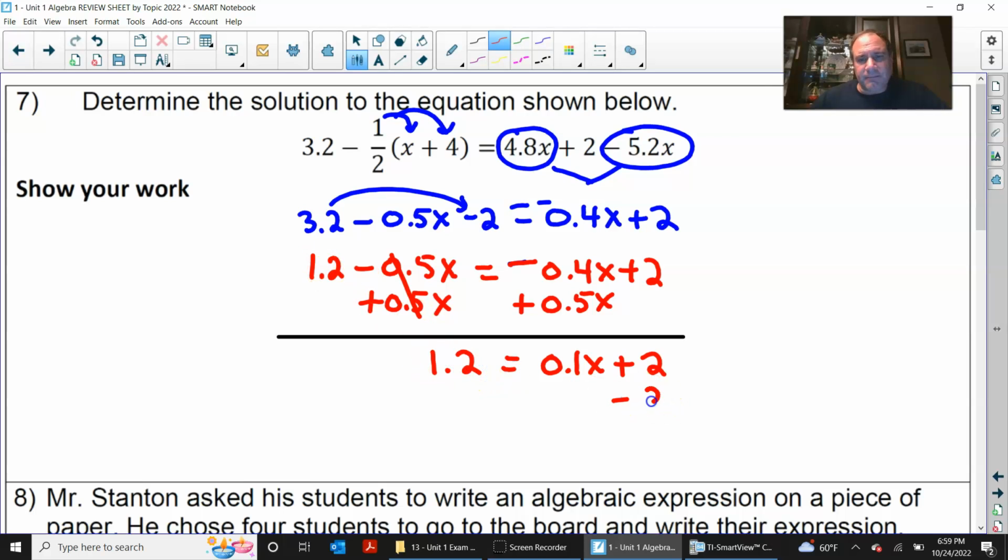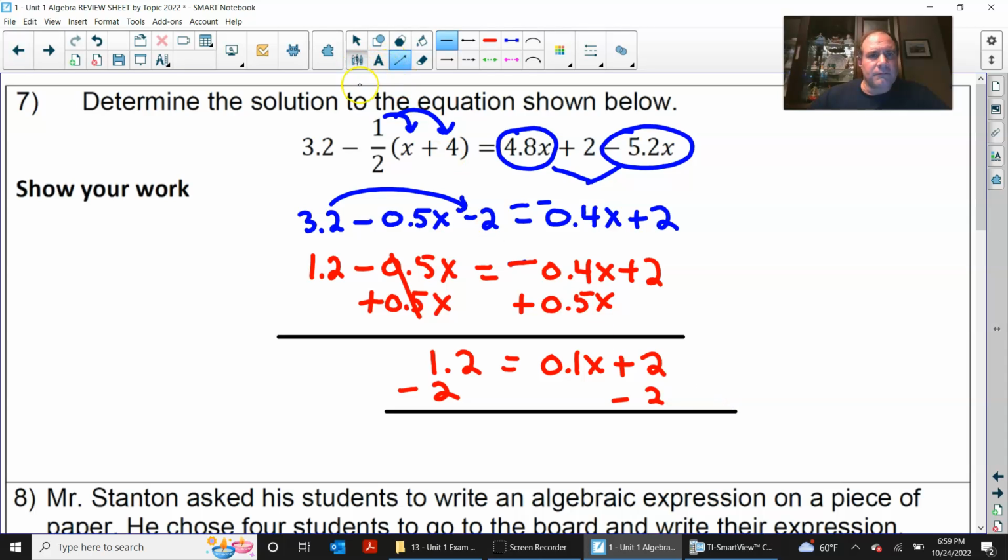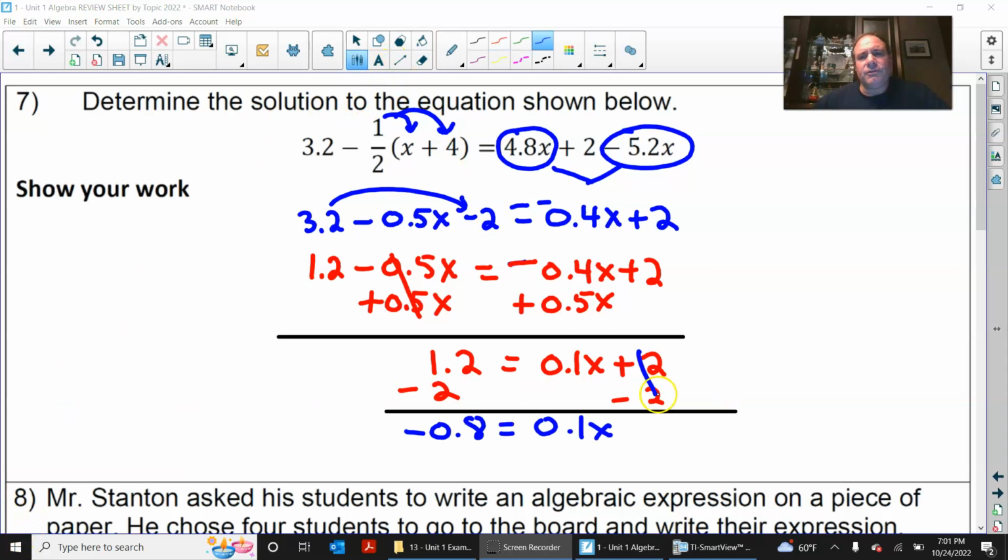Then at this point, I'm going to subtract 2 on both sides. So I subtracted 2 on both sides, and I have negative 0.8 equals 0.1x. Then I am going to divide by 0.1 on both sides. That is a negative 0.8.